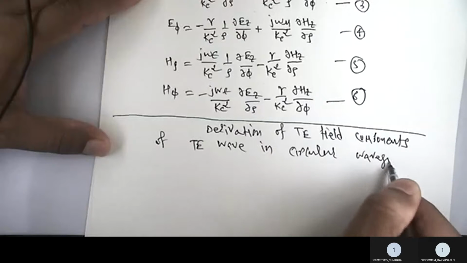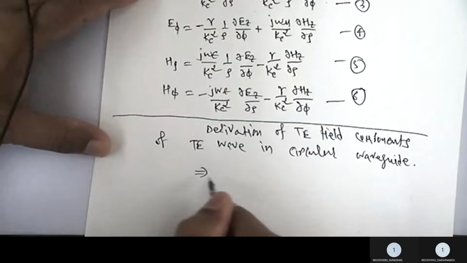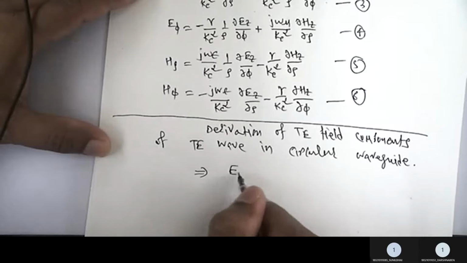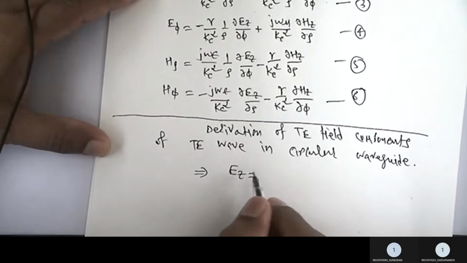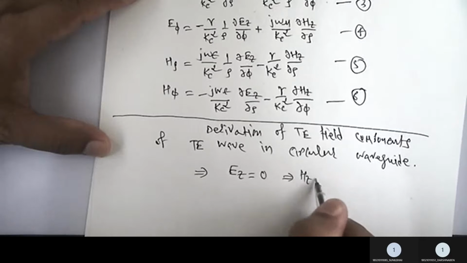So the idea is what? That we are looking for a TE wave. All of you know that for a TE wave, the Ez component will be 0, and we are trying to find out Hz. So Hz is not 0.